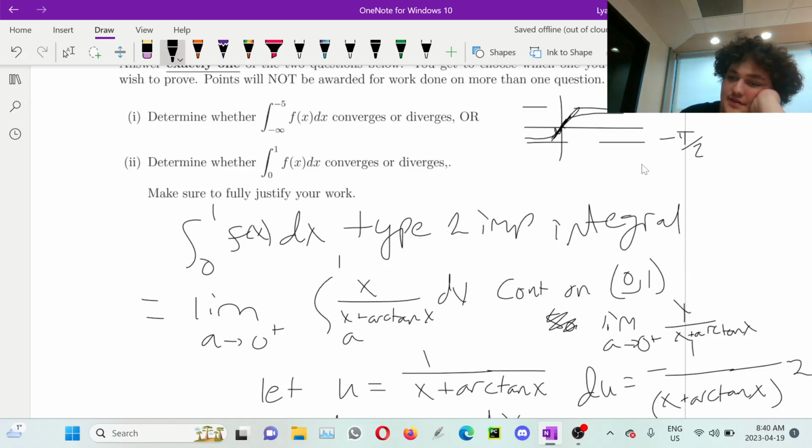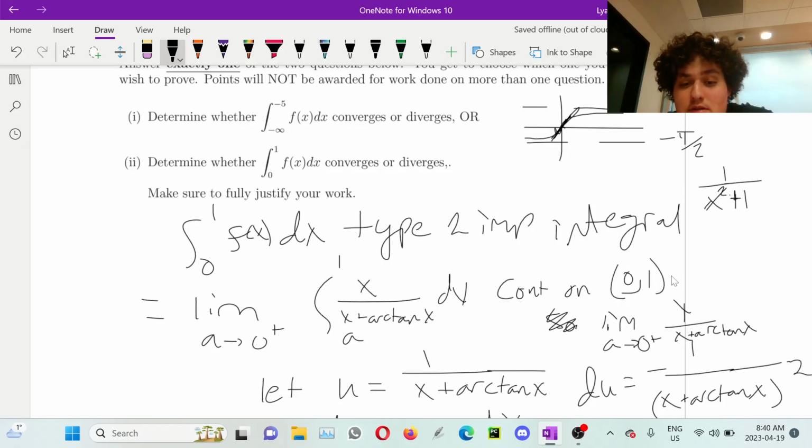The derivative of arctan is 1 over x squared plus 1. So if you put in 0, our derivative is 1. So the linear approximation is x.